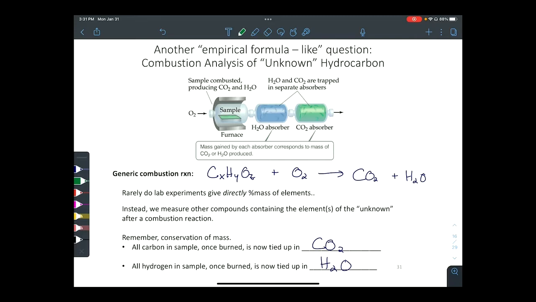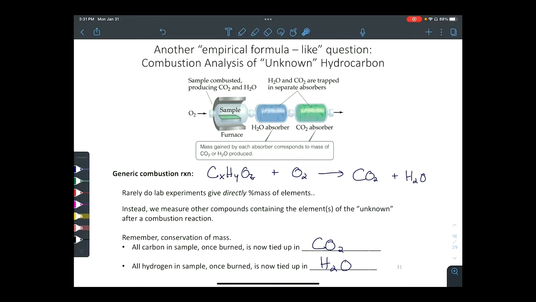And it works with the exact same principle of what we just did, that we get the number of moles of each element in the compound to get our mole ratio. We're still working off that principle. We're just going to get the moles of each of the elements in a different way with combustion analysis. So if you recall, when we write a combustion reaction, our products are CO2 and H2O.